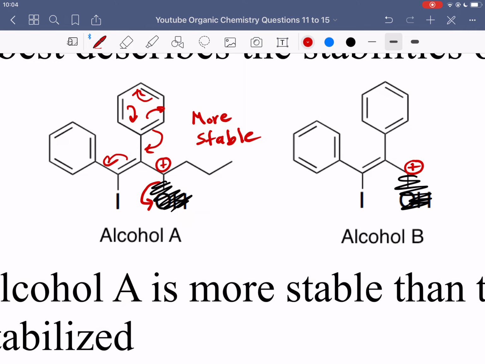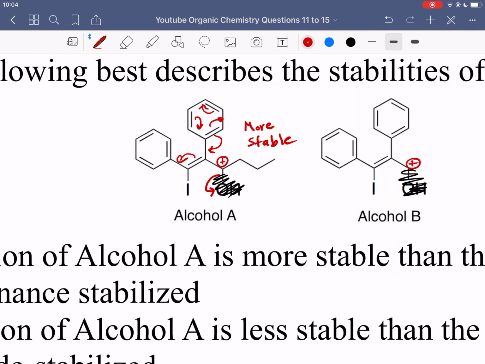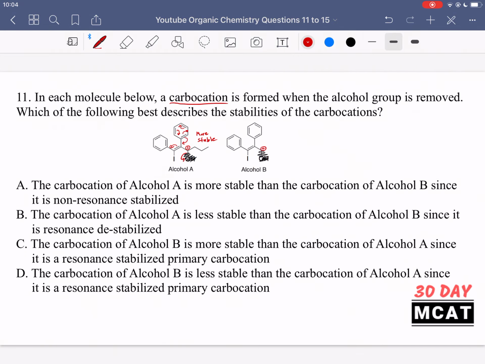The part connecting the 2 aromatic rings is also conjugated, but that doesn't really come to where the carbocation is, and it doesn't really affect it. That is relevant because some of the options do discuss resonance, but the resonance is not really relevant for why the carbocations are stable. It's more so the inductive effect and how much electron density these carbocations can pull from their neighbors.